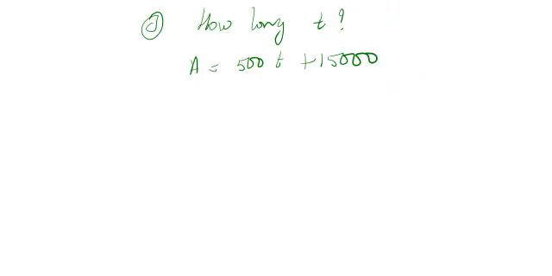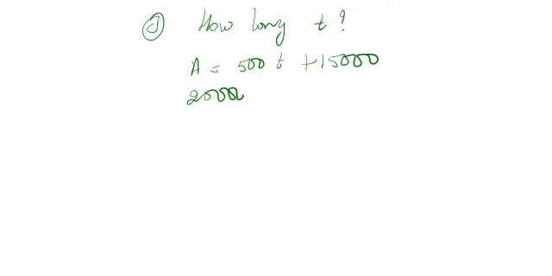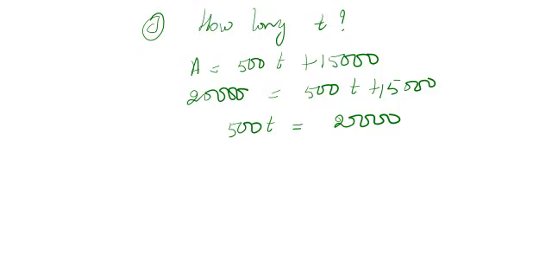So I need 20,000 is equal to 500T plus 15,000. So I have 500T is equal to 20,000, take away 15,000, which is basically 5,000. So then I have T is equal to, divide this by 500, that will give me 10.